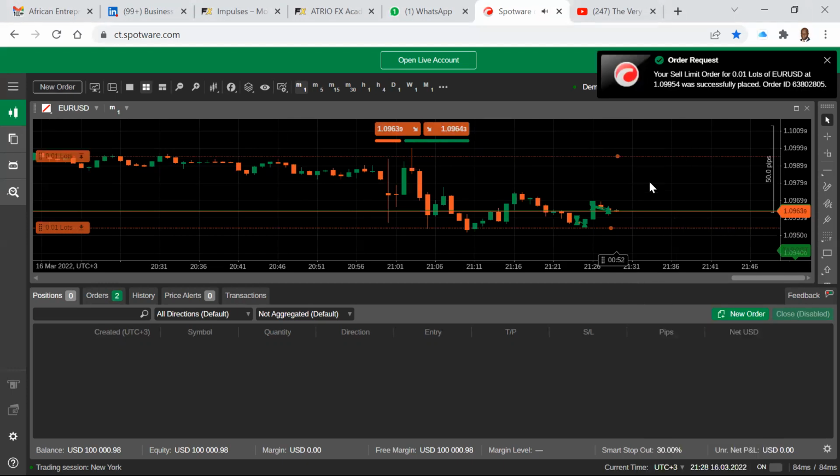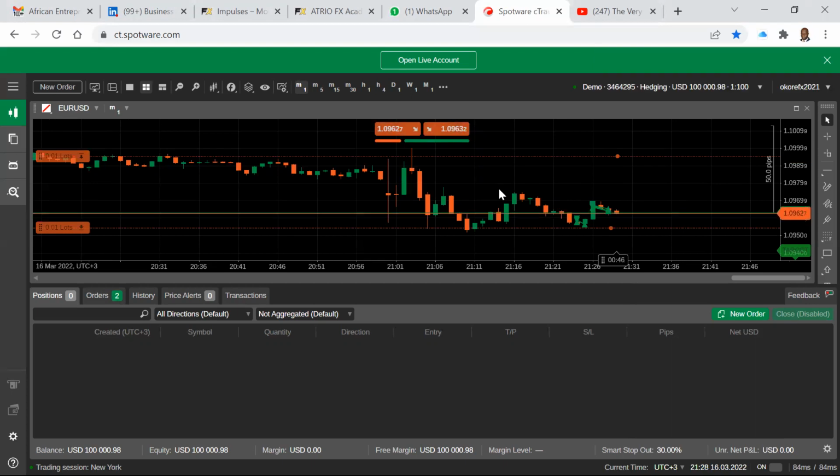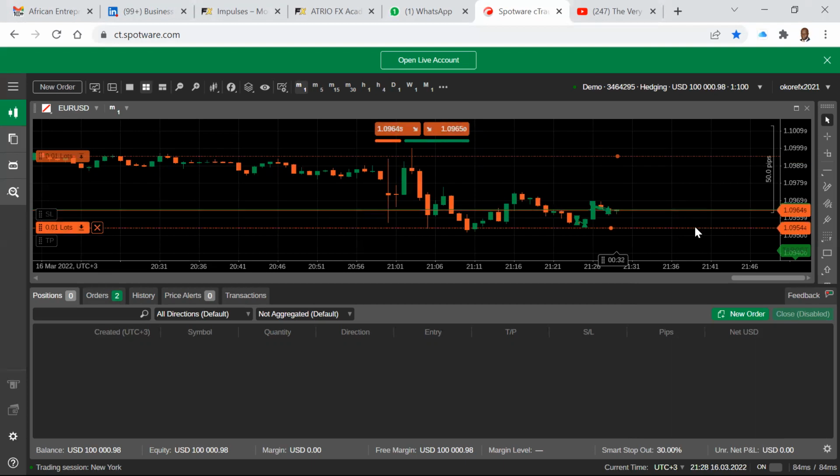So the distinction between a sell stop and a sell limit is this: if the market is right there where I've put a line, and you want to sell somewhere here in the future, you want to put a pending order in the future for a sell, then you use a sell stop.